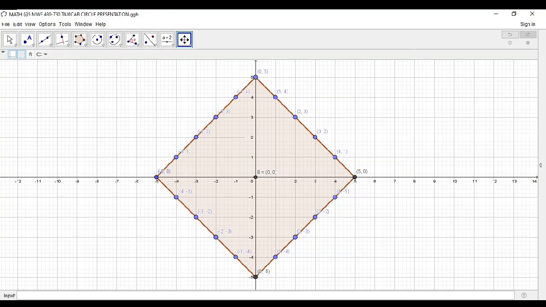Therefore, given the taxicab circle here, there are a total of 20 lattice points. In a taxicab circle, there are 4 times the radius r points. In our case, 4 times the radius r, 5, is 20 points.